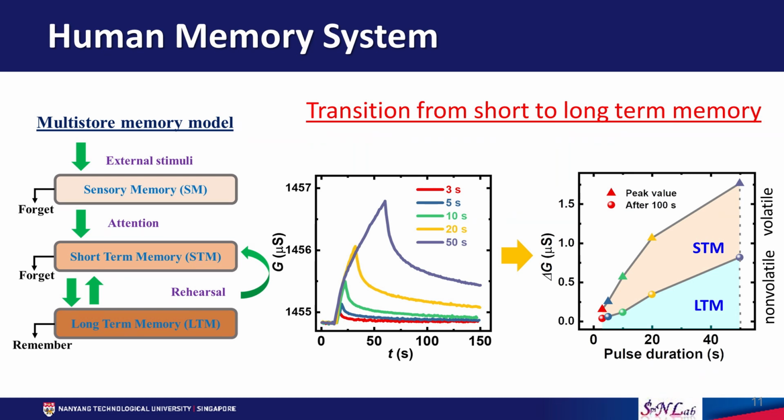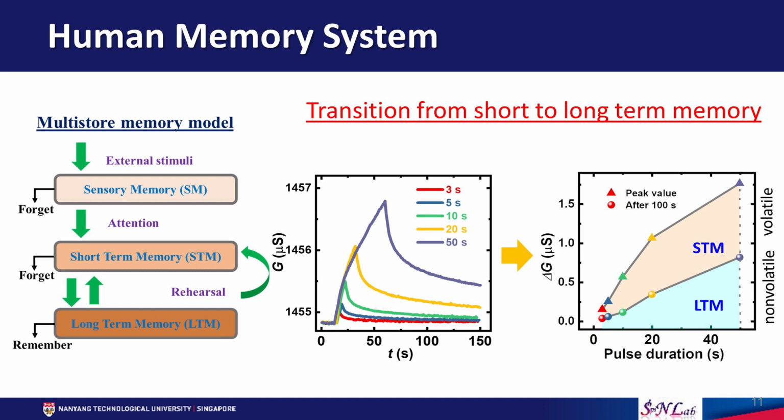The human memory system is explained by a model called the multi-store memory model. The model says that the human memory system consists of different stores, that is sensory memory, short-term memory and long-term memory. It also says that we can make a transition from short-term memory to long-term memory by repetition of the event.